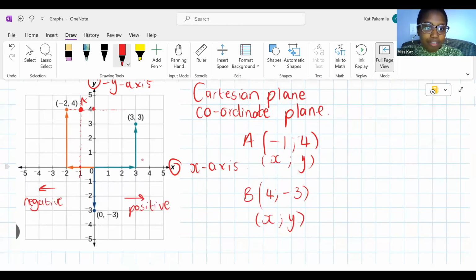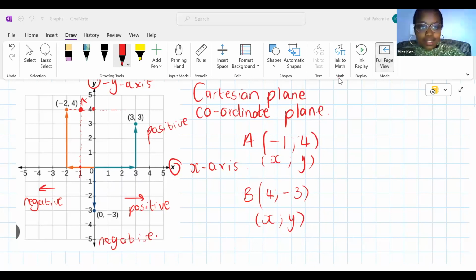Above my y-axis, like at the top, we have positive numbers. And below, we have negative y values. So if we are looking for positive 4, we know we're looking on the right, in the x-axis. So there's my positive 4 there, right?